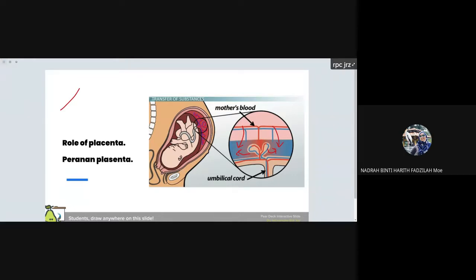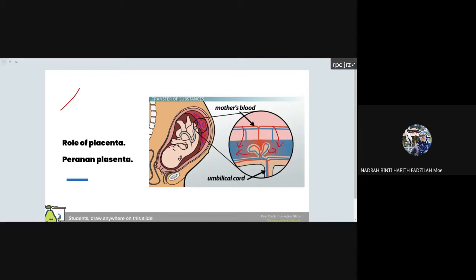And then it also helps to become a structure that enables selective permeability, membolehkan placenta tu menjadi structure yang boleh pilih bahan jadi barrier yang memilih bahan apa yang boleh diffuse, bahan apa yang tak boleh diffuse dan sebagainya.